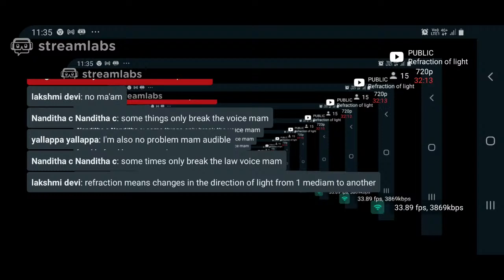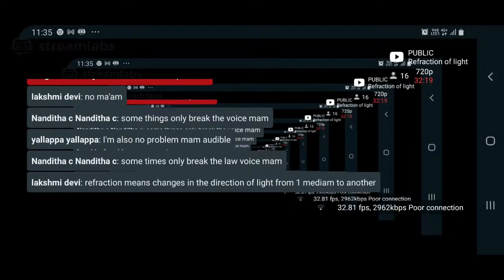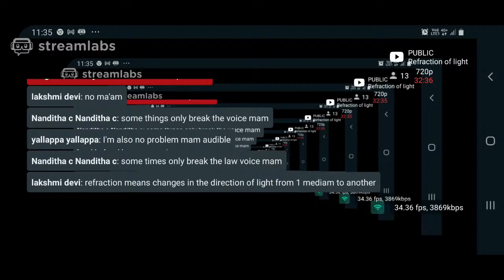We also went through two more concepts. When the light hits on the surface, what is the name given to that light? Come on, reply to the question. When the light hits on the surface and you draw a normal line, what is the name of the angle formed between the normal and the incident ray?